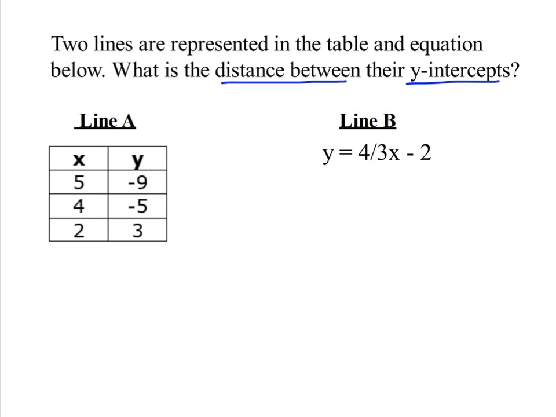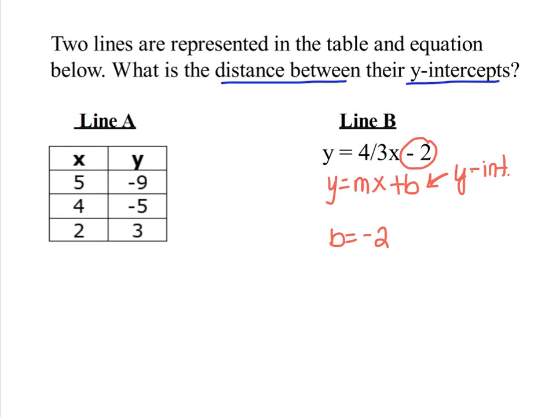So I'm going to go first to the easy one, and the easy one is line B. Remember, our equation is y equals mx plus b, where b is our y-intercept. So it's the number by itself, it's the constant, it's always going to be just one number, it's not going to change. So here, my b in this case is -2. Always have to pay attention to the sign in front of it.